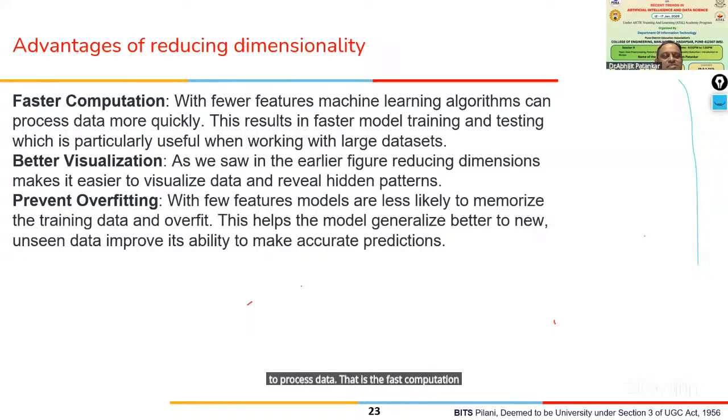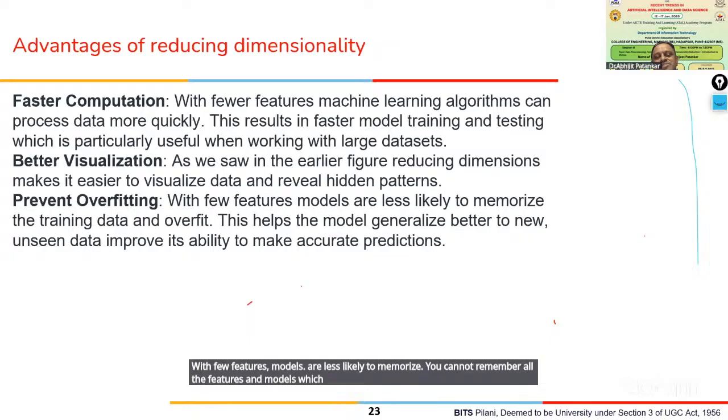Then better visualization. As we saw in the earlier figure, reducing the dimension makes it easier to visualize data and reveal hidden patterns. So you get better visualization by reducing the dimensionality, and prevent overfitting. With few features, models are less likely to memorize. You cannot remember all the features and models which you are using in machine learning.